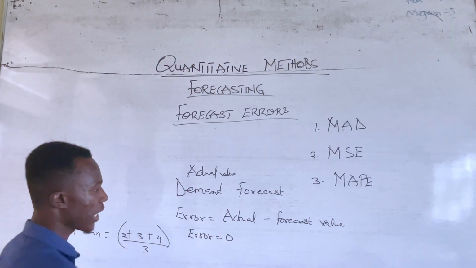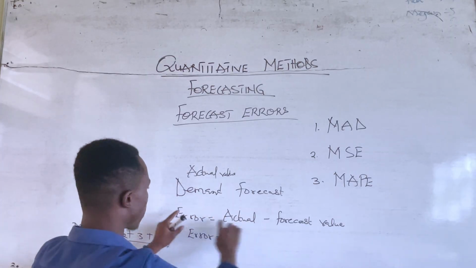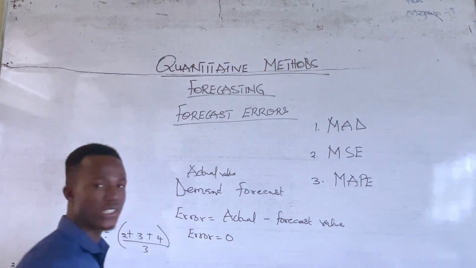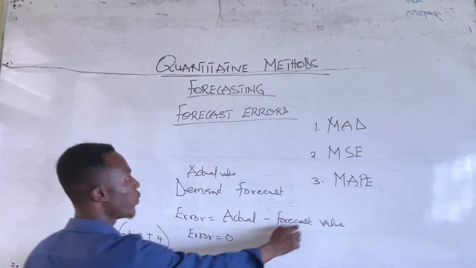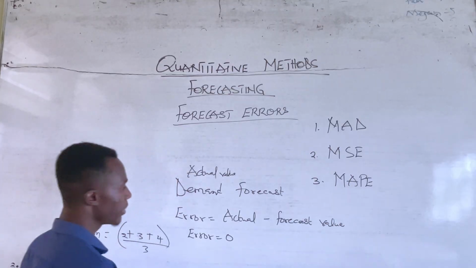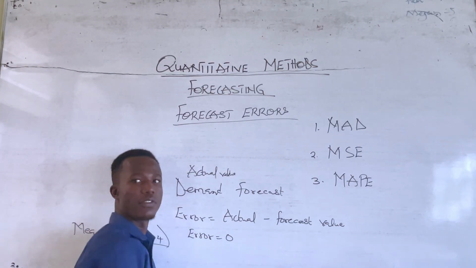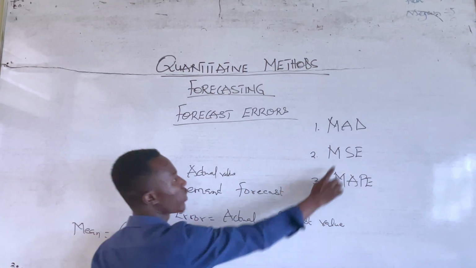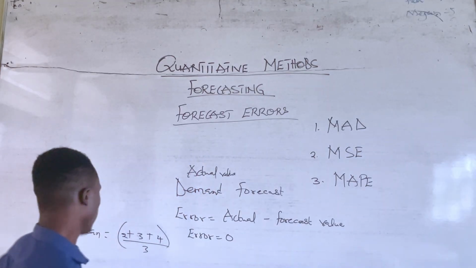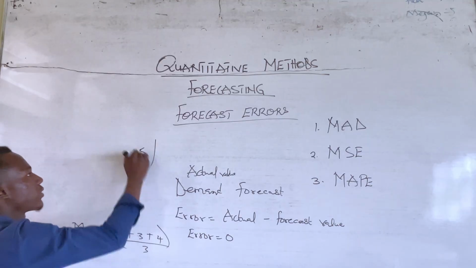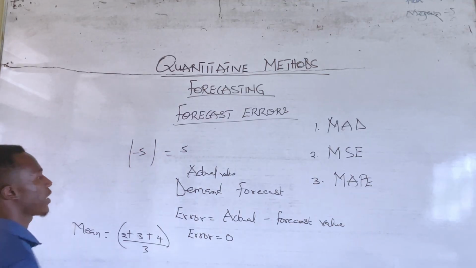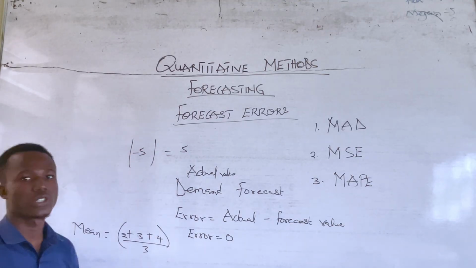That subtraction, this error, becomes what we call deviation. Then we have absolute. After subtracting them, if you get a negative, you have to find the absolute of it. So if you get -5, you must find the absolute to give you 5, before you can proceed with your calculation.